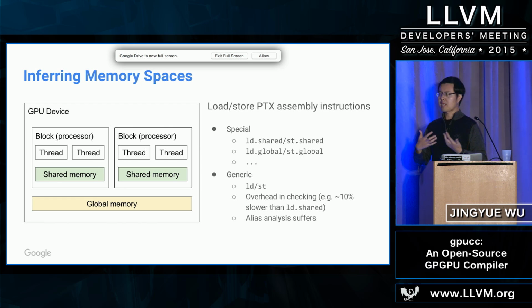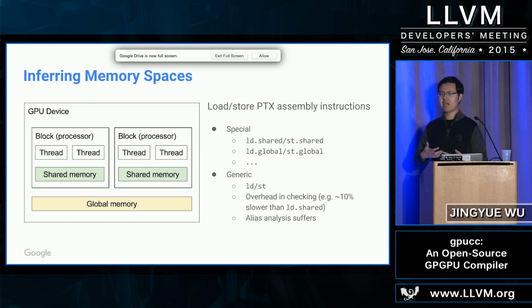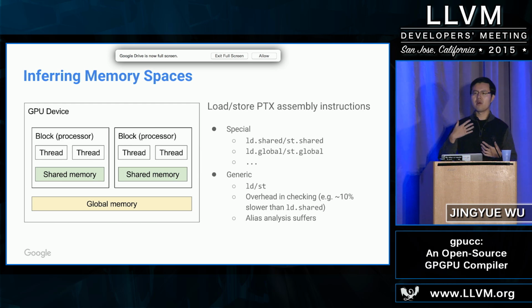If the compiler doesn't know which memory space the pointer is in, it can always do generic loads and stores, which check the memory space at runtime and do the corresponding load or store.